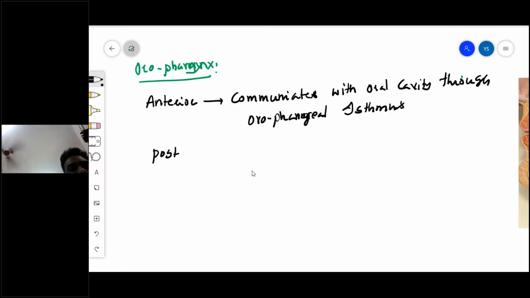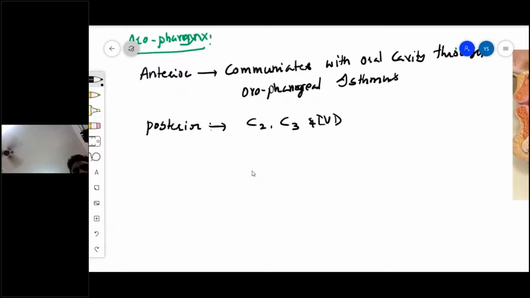Posteriorly, it is related to which vertebrae? C2, C3 and the intervertebral disc. Of course, the pharynx is separated from the vertebrae by the retropharyngeal space that we learned in the structure.